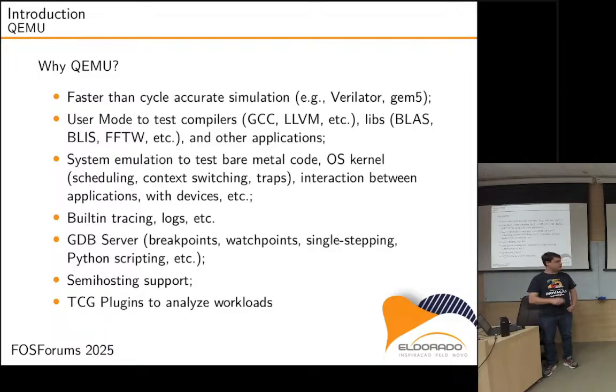And you also have a thing called TCG plugins that can be used to analyze the workloads. So you can develop a very fast simulation and add the instrumentation for your code as a plugin. So you only pay for the instrumentation when you actually need the data, while you are iterating, developing software, trying to make your library do the right thing. You don't need to pay for the instrumentation cost.